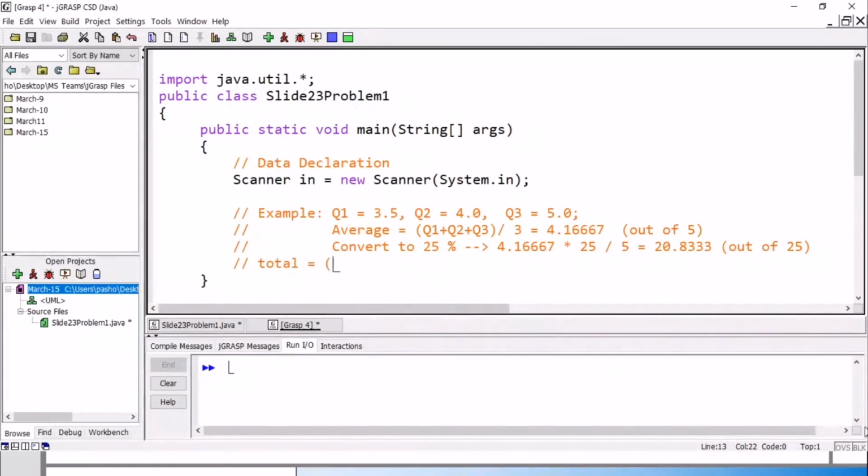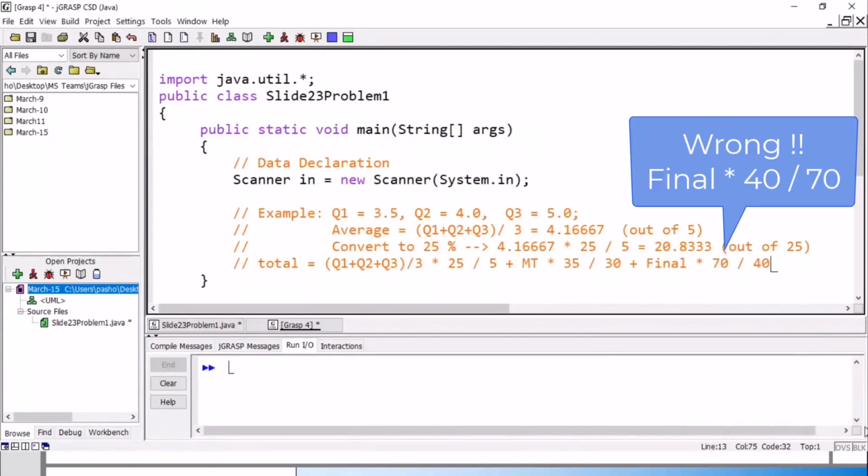It will be equal to quiz 1 plus quiz 2 plus quiz 3 divided by 3 multiplied by 25 divided by 5, plus midterm multiplied by 35 divided by 30, and here you have to be careful with integer and integer division, plus final multiplied by 70 divided by 40, and this will give you the final answer.